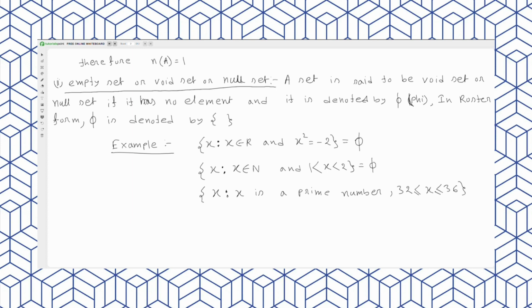So the natural numbers are 32, 33, 34, 35 and 36. They are all composite numbers, so this set also has no elements. So these three sets are examples of the null set or empty set.